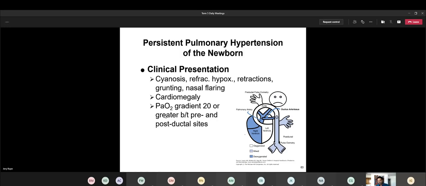This same picture I included in the congenital heart defect chapter, and I think we'll spend more time on it there.